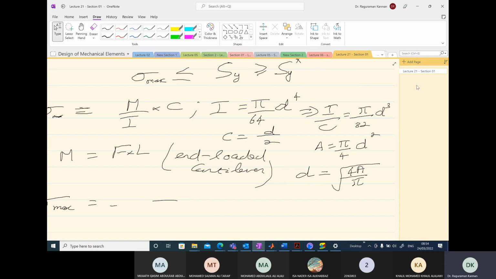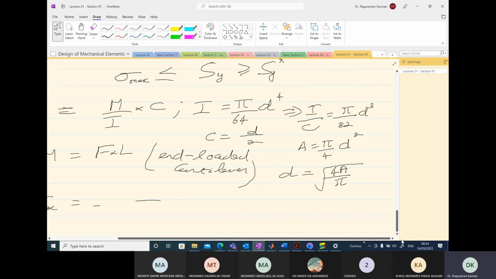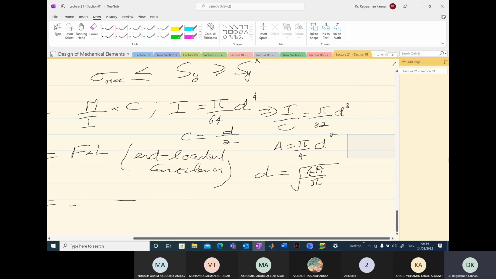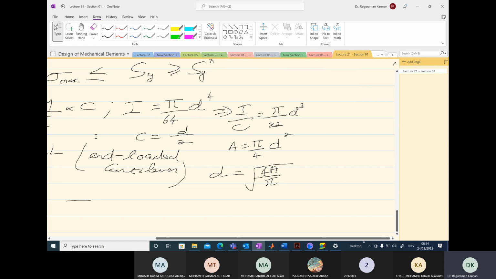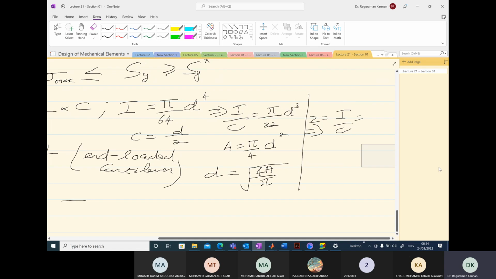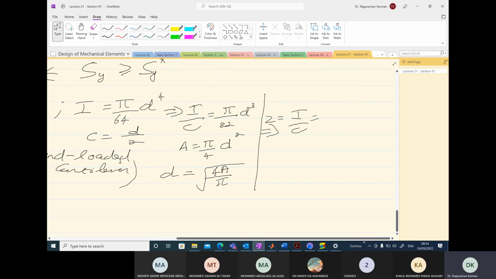Take this d, substitute over here, and get I over C. The section modulus Z equal to I over C becomes pi over 32, and we have here d cube.